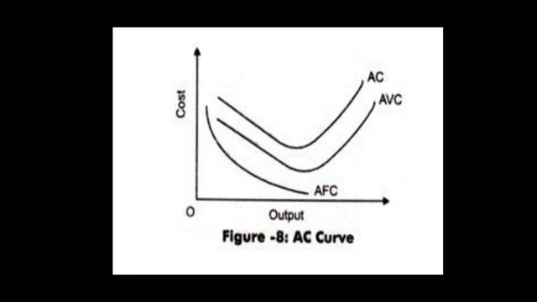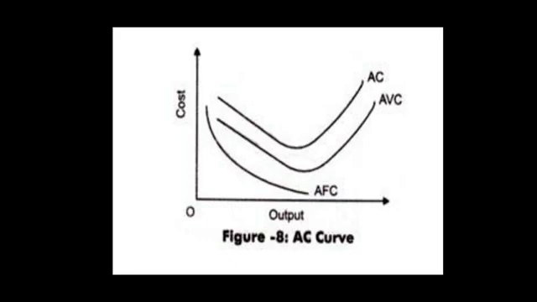We see here that the average cost curve lies above the average fixed cost and average variable cost curves because average cost is the sum of average fixed cost and average variable cost.